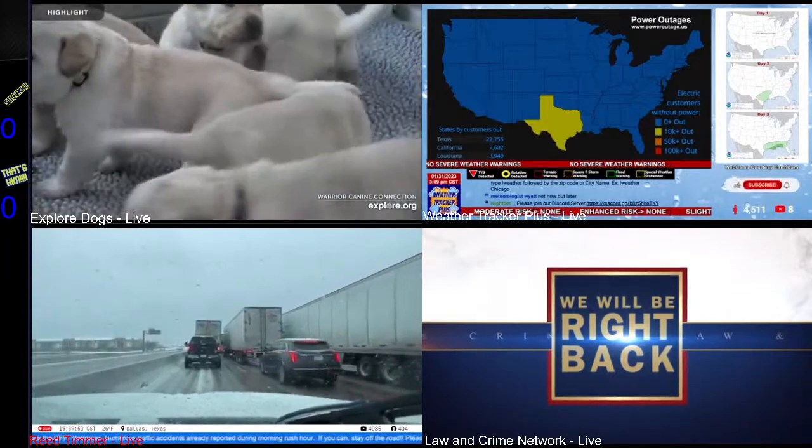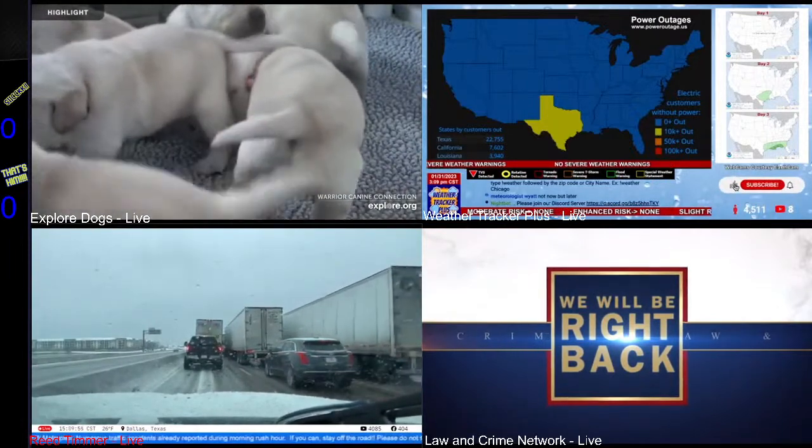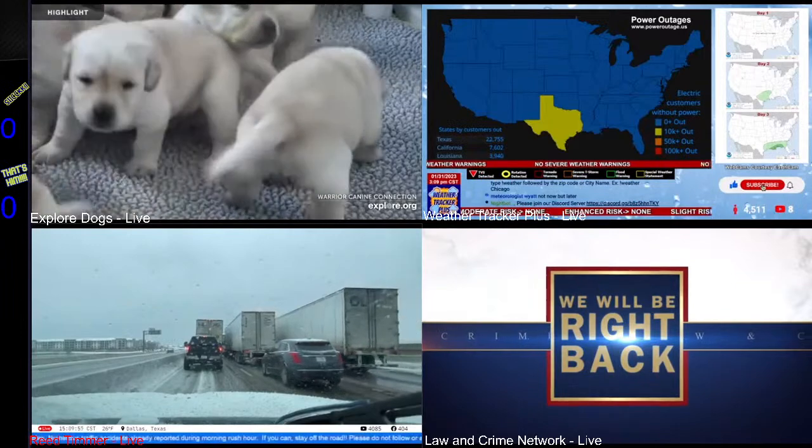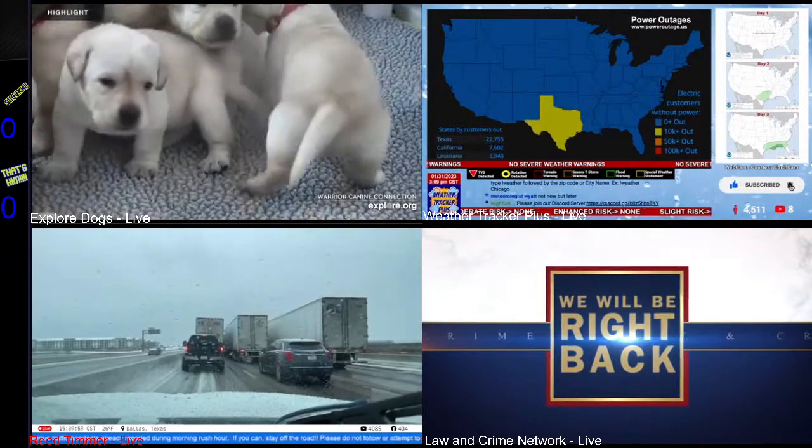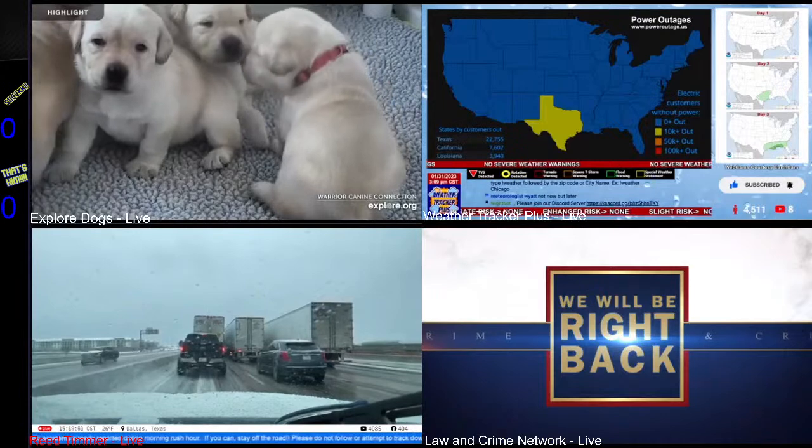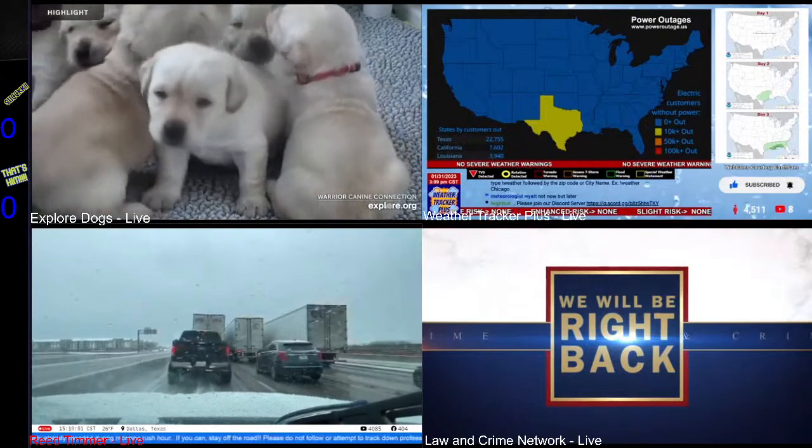The heavy freezing rain is coming back in now. The freezing rain is moving back in here as we are stuck in a traffic jam on I-30 right on top of a reservoir.